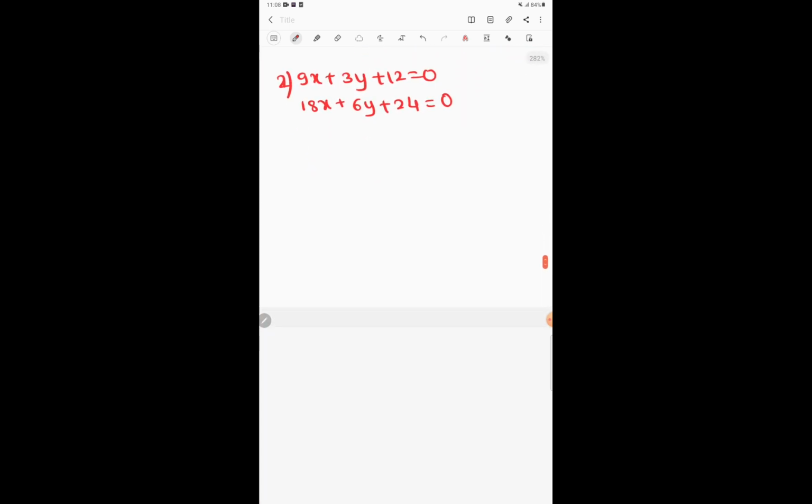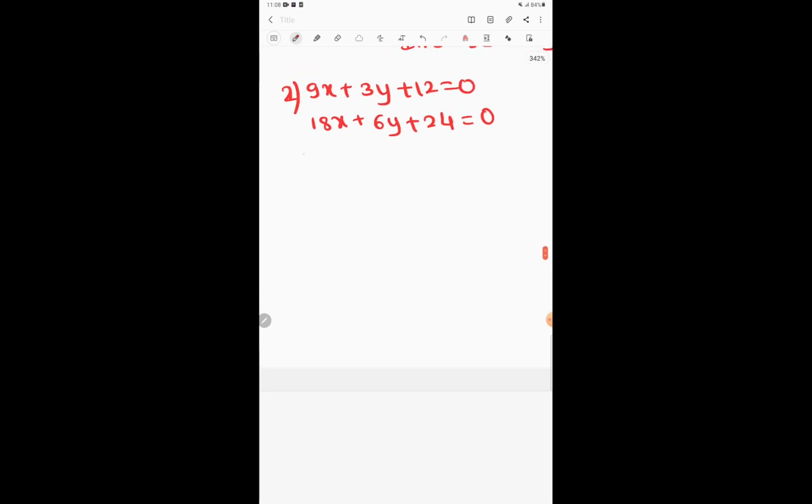See how we will solve this one. A1 is 9, A2 is 18, B1 is 3, B2 is 6, C1 is 12, C2 is 24.